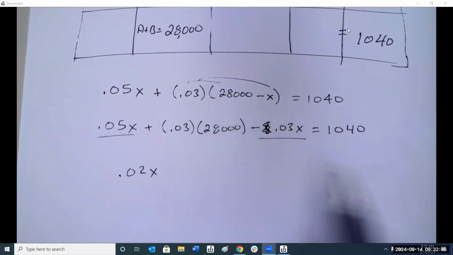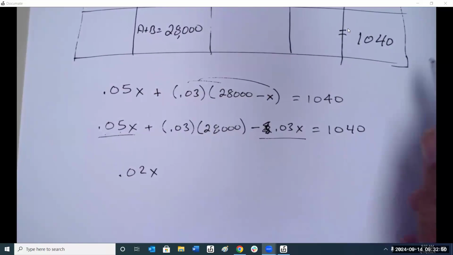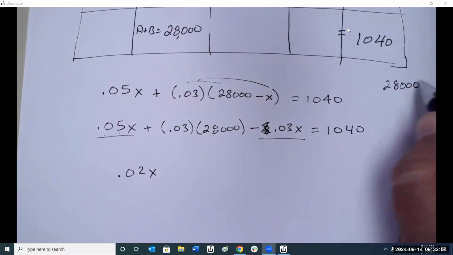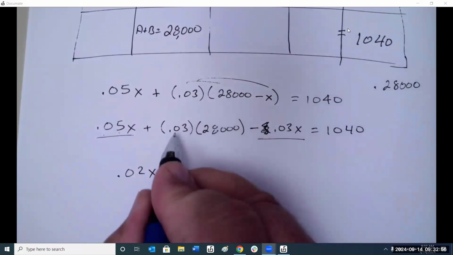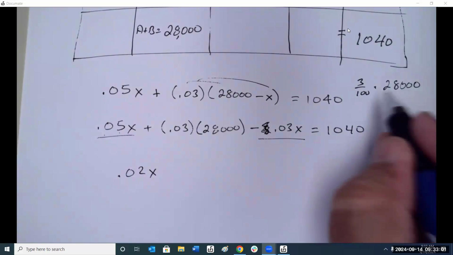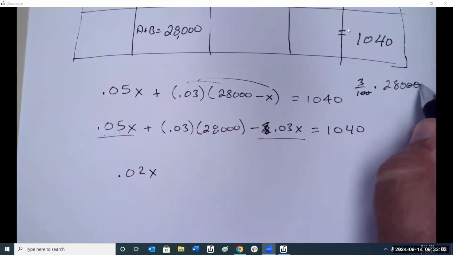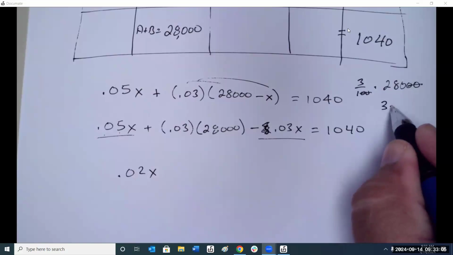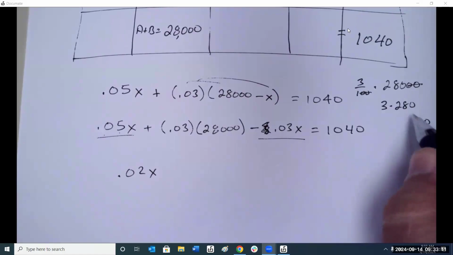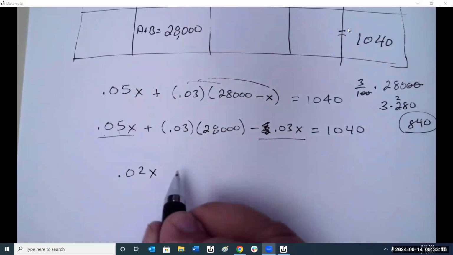What is 0.03 times 28,000? So here's 28,000. 0.03 is actually 3 over 100. So 2 zeros are gone. So it's 3 times 280. 3 times 0, 3 times 8 is 24, 6 plus 2 is 8. It's 840.